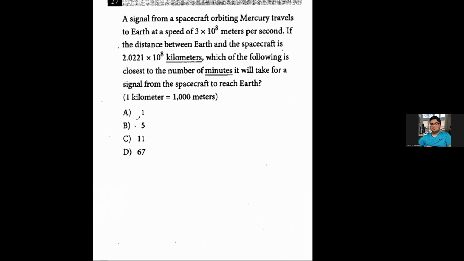In this case, we have 3 times 10 to the 8th, and we need to convert this into kilometers first. Alternatively, you can convert this distance into meters. I'm just going to convert this distance into kilometers instead. So in this case, this would just be this divided by 1,000.